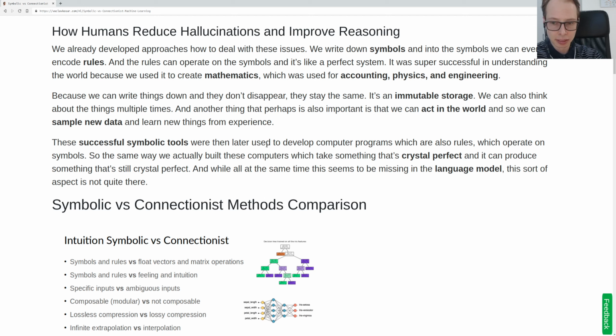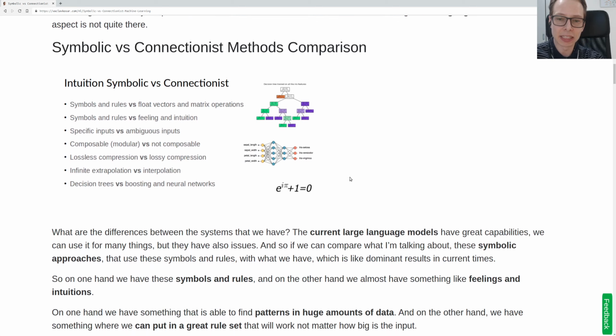And also these symbols and symbolic rules, we started to use them in computer programs, started executing computer programs, and these computer programs take crystal clear inputs and they produce crystal clear outputs. And these kinds of aspects seem to be missing in large language models.